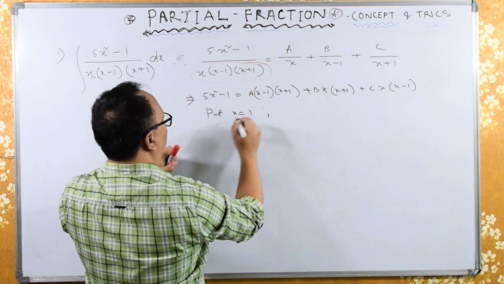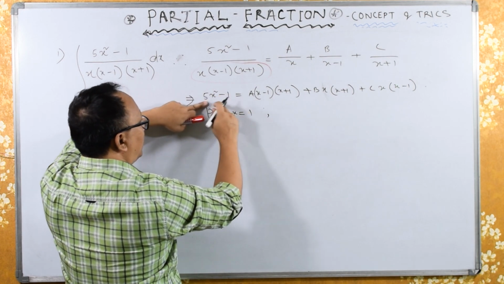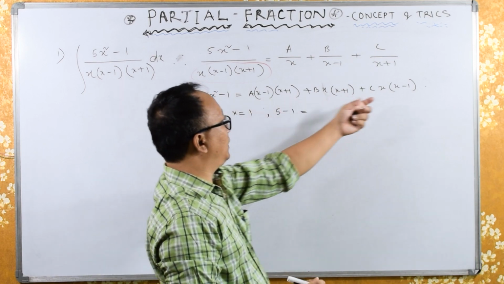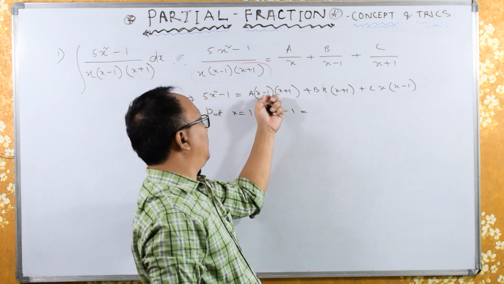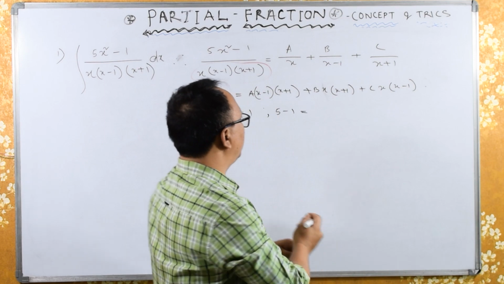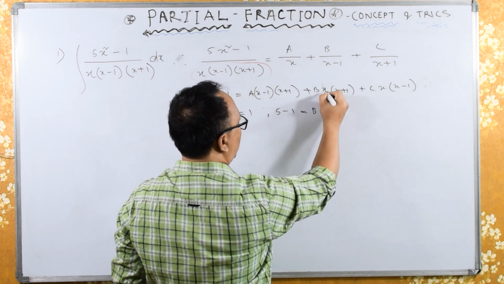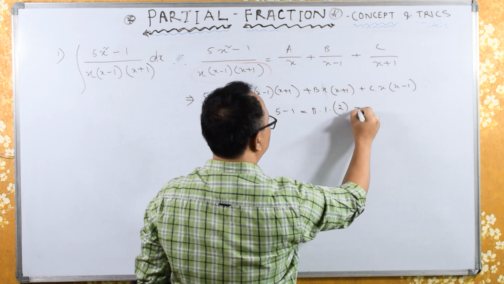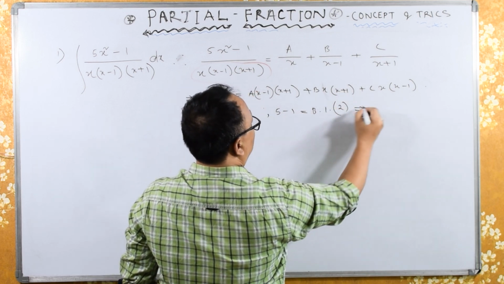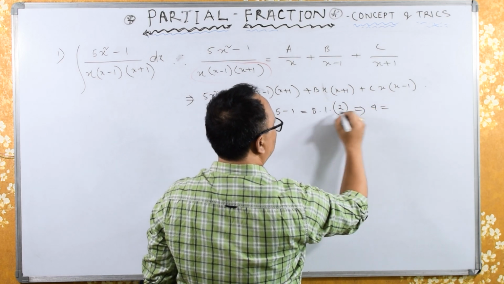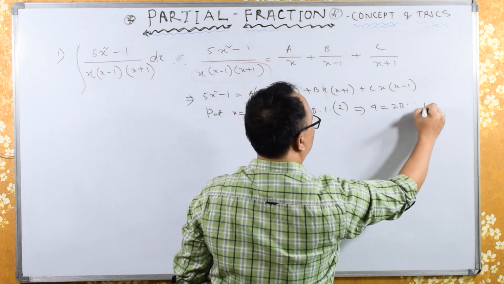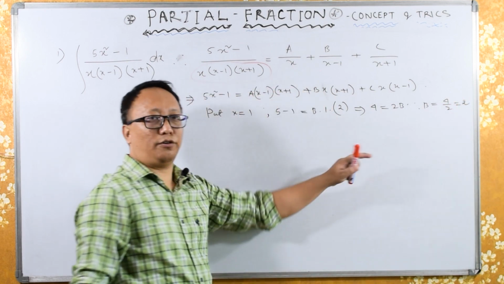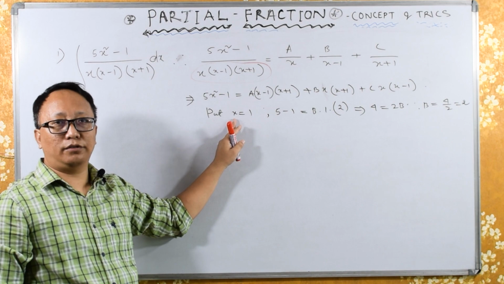Therefore, for x equals 1, 5 into 1 square is 5, minus 1, is equal to, these two terms become 0 because 1 minus 1 is 0, b into 1 into 1 plus 1 is 2. This implies 4 equals 2b. Therefore, b equals 4 by 2, which is 2. We get the value of b when we substitute x equals 1.